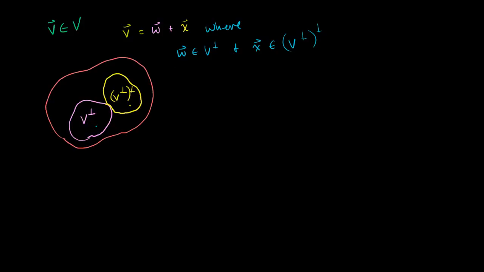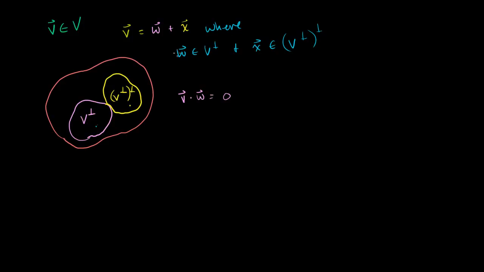Fair enough. Now, what happens if I dot v with w? I'm doing the exact same argument that I did before. Well, if you take anything that's a member of our original subspace and you dot it with anything in its orthogonal complement, that's going to give us 0. What else is that going to be equal to?